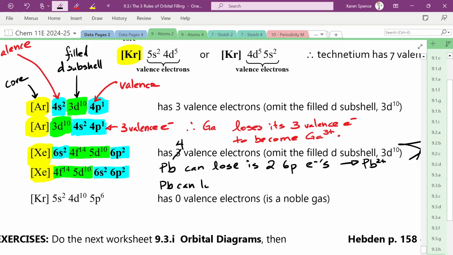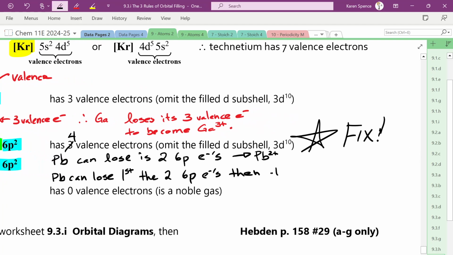Pb can lose first the 2 6p electrons, then the 2 6s electrons to form Pb 4+.